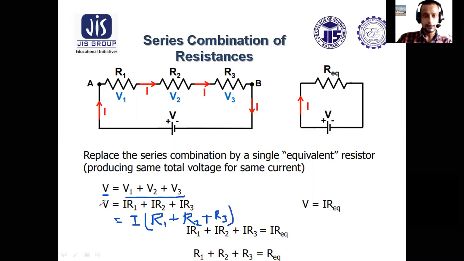V equals this. So now V by I equals what? V by I should be equal to Req.